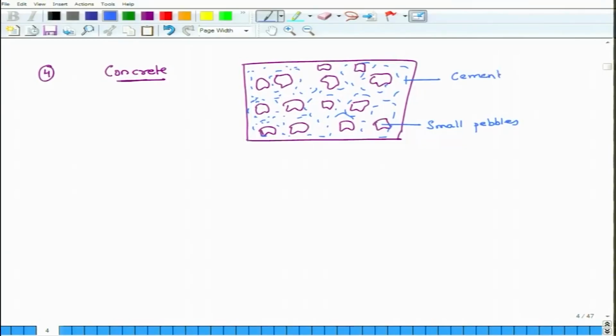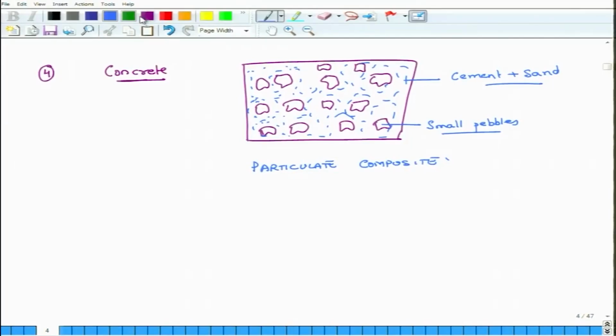Cement plus sand. Okay. So, cement plus sand makes the matrix and it binds all these small pebbles together. And this is one example of a man-made composite. Once again, this is not a fibrous composite, but it is a particulate composite. Okay. This is a particulate composite.